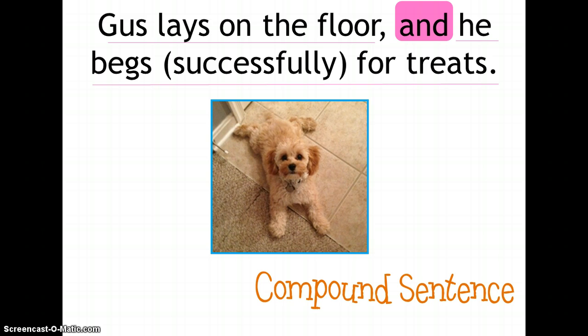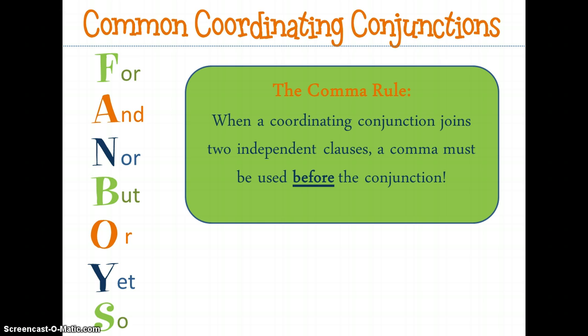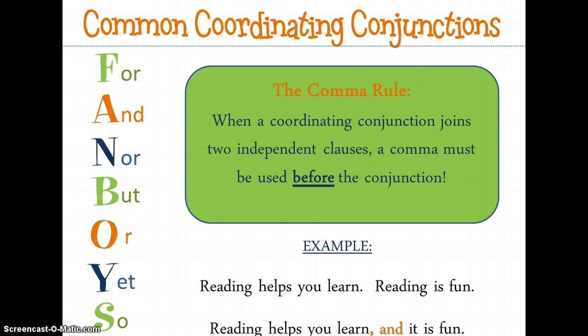Now also, notice what we have to have when we have a compound sentence. You got it, that comma before the conjunction. So when we have coordinating conjunctions, our FANBOYS: for, used to mean because, and, nor, but, or, yet, or so, we have a rule that we want to make sure that we follow. When a coordinating conjunction joins two independent clauses, a comma must be used before the conjunction.